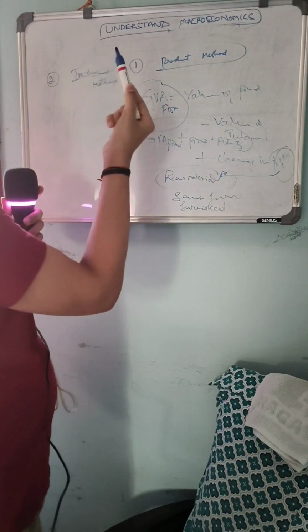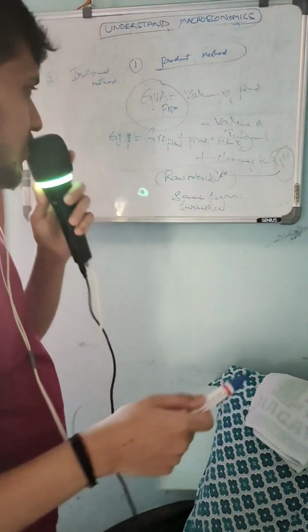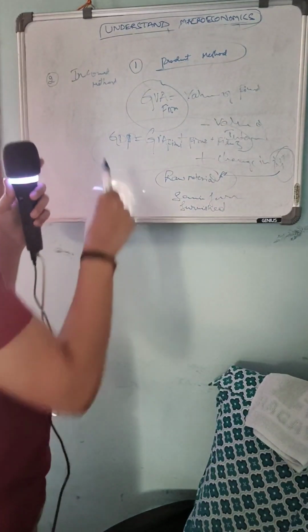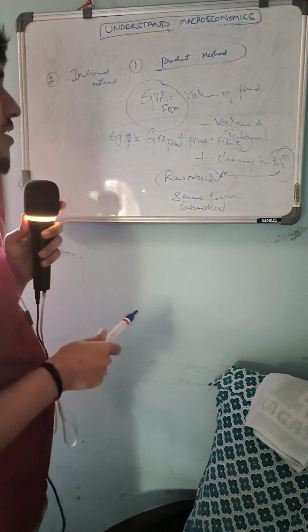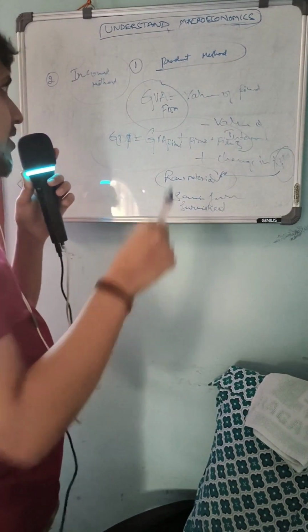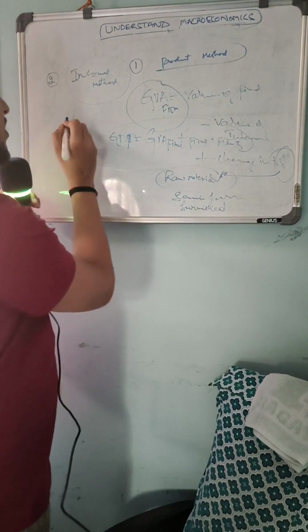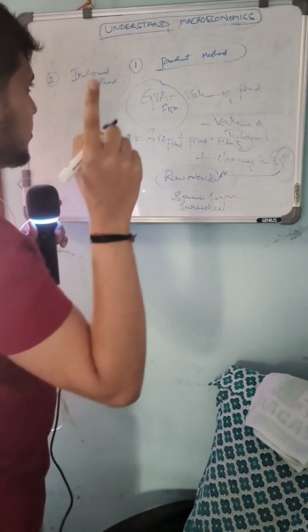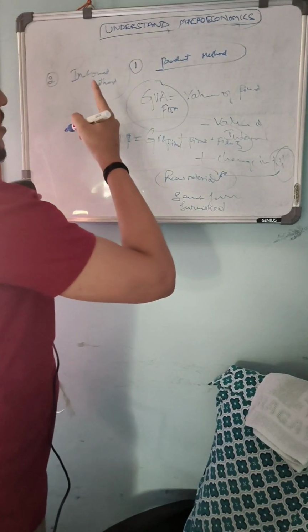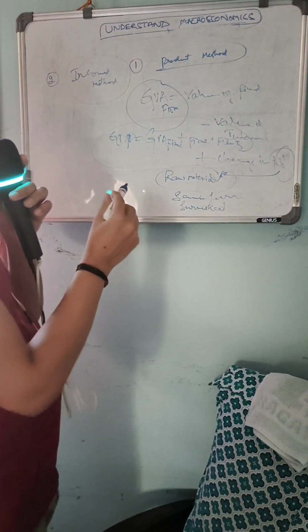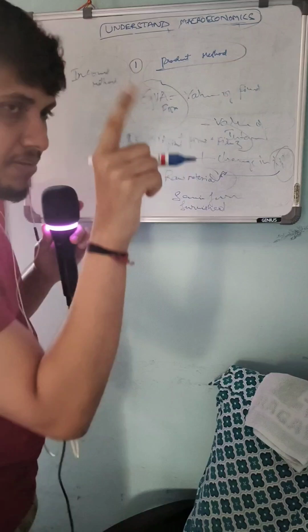We know this is easy because we already discussed factors of production. In factors of production, we discussed the factor incomes. We have to consider the same for the calculation of this income method, national income.